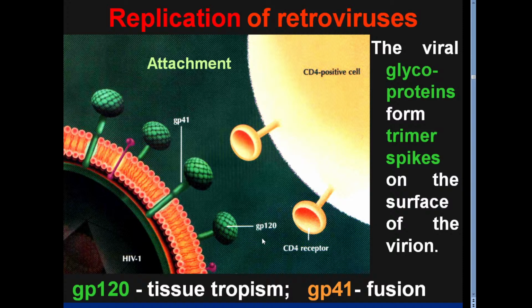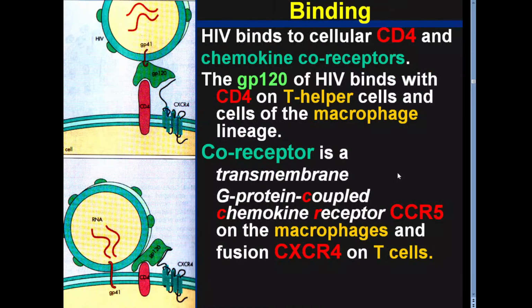Glycoprotein 41 gives the ability to fuse the membrane of the virus with the membrane of the host cell. That's why HIV binds with CD4 receptors or other chemokine receptors, for example CXCR4, on the surface of T helper cells or macrophages.